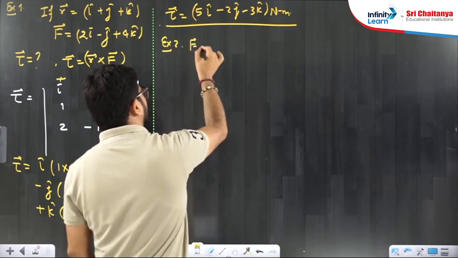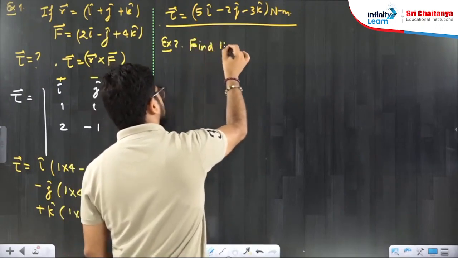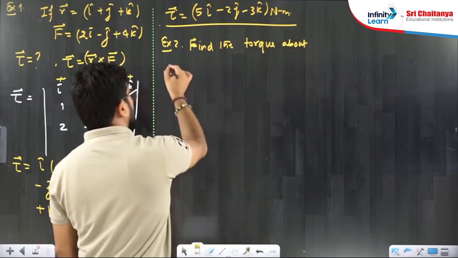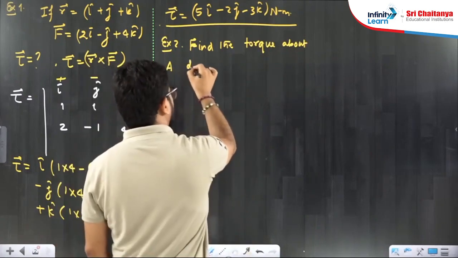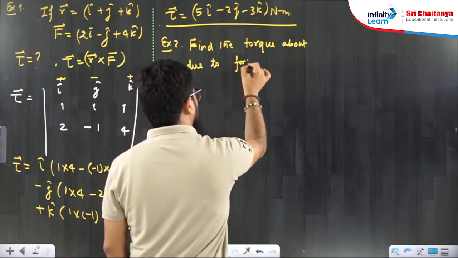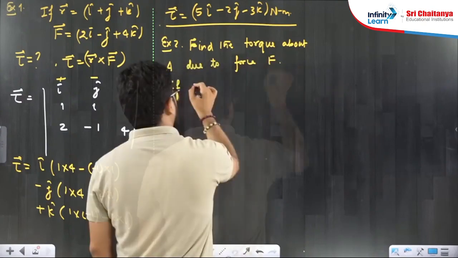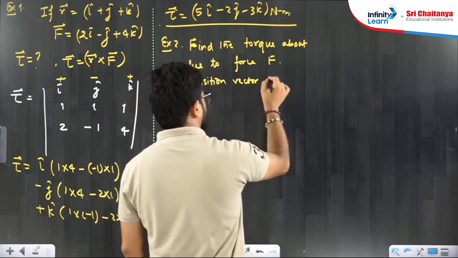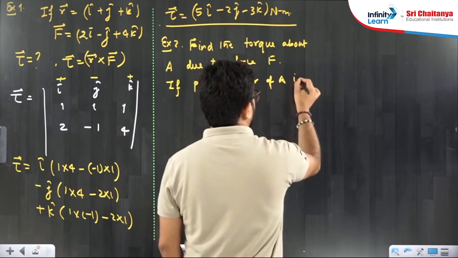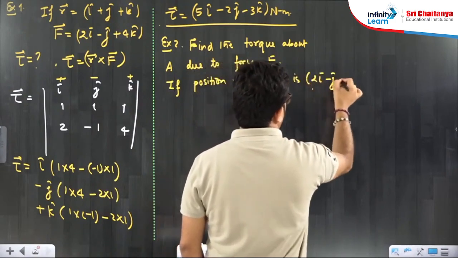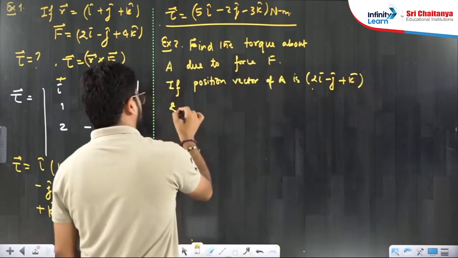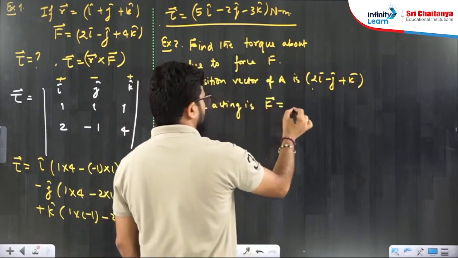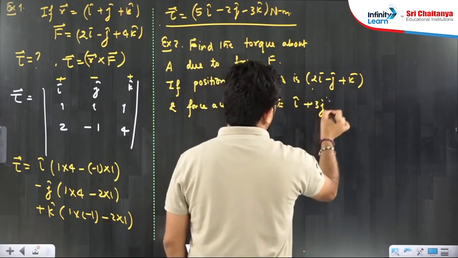Suppose I say, find the torque about A due to force F. Position vector of A is 2i cap minus j cap plus k cap, and force acting is F is equal to i cap plus 3j cap Newton.